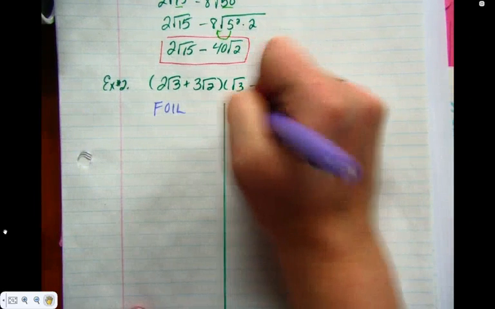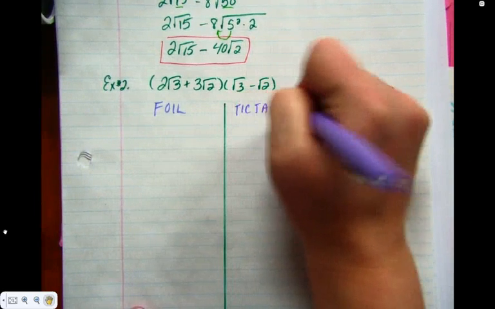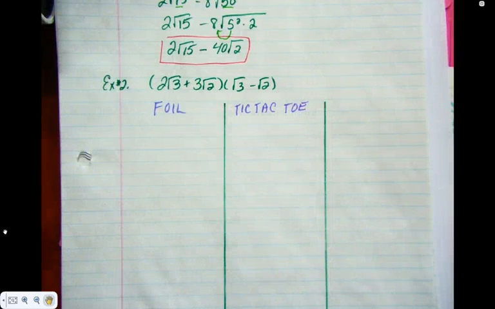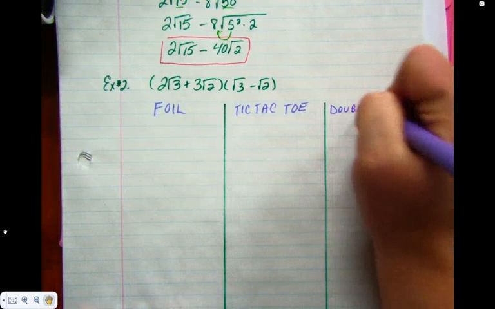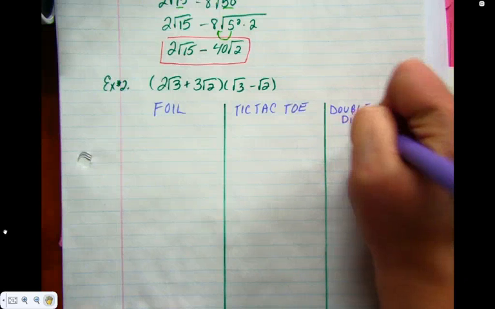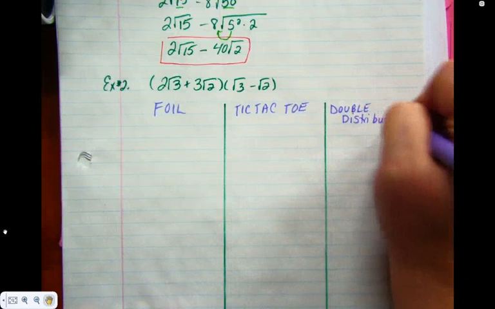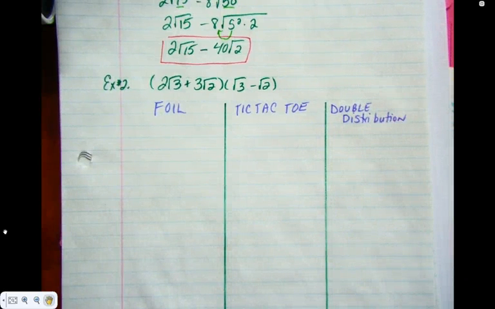Second one I call tic-tac-toe. You may have seen that one last year. Last one I'm going to call double distribution, which you've probably seen. Doesn't mean you have to know all 3, completely up to you. I just always like to give you lots of choices so that you find one that works with your brain.